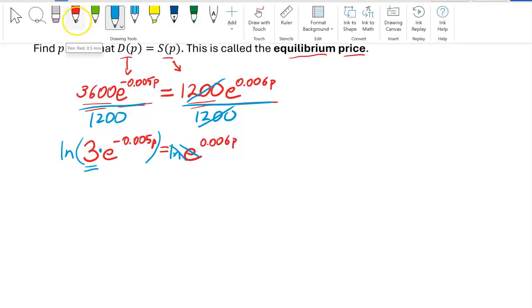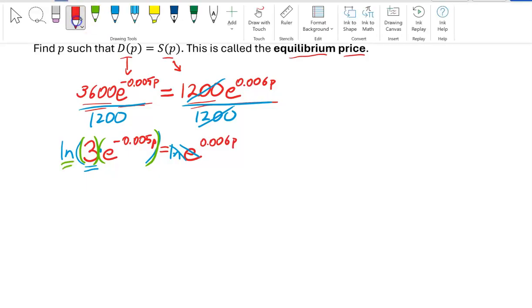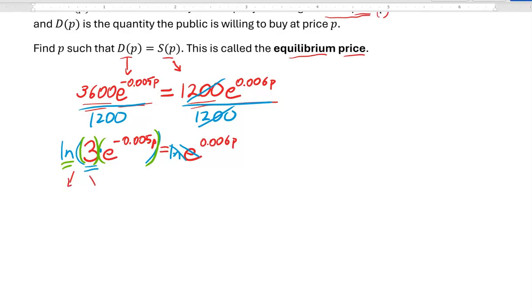But what you can do is, as I said, consider it a product of 3 times e to the negative 0.005p. And when you have a product in any kind of logarithm, you can split up the logarithm into 2 separate logarithms as a sum. Product to sum property. You can do that.